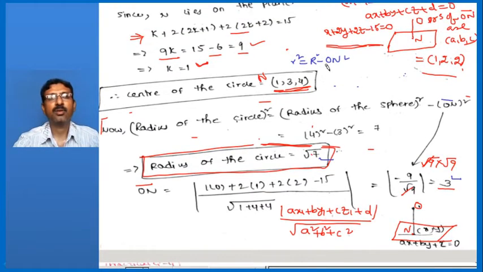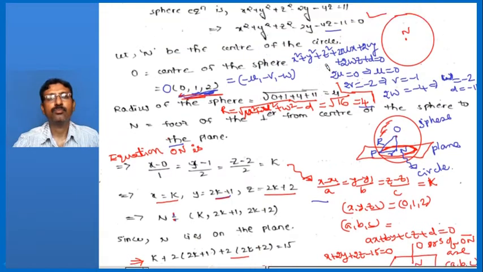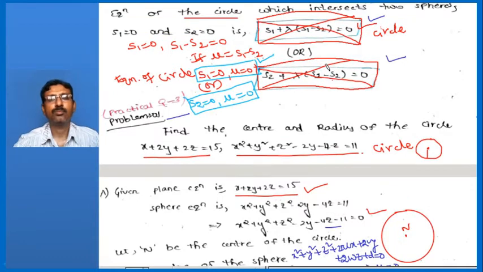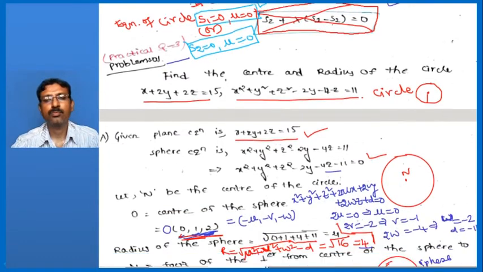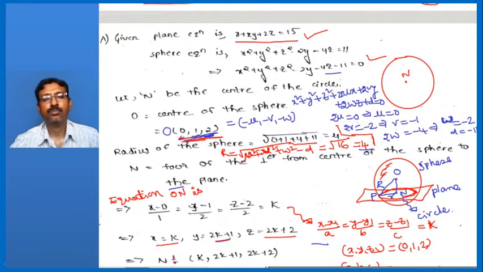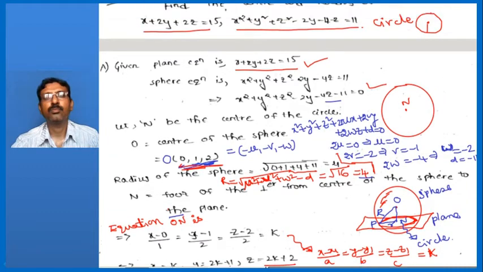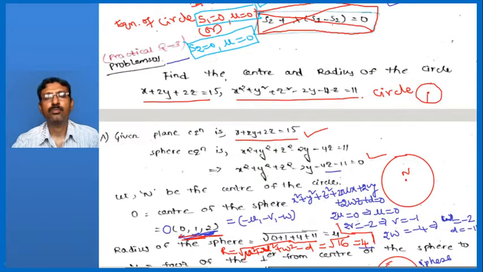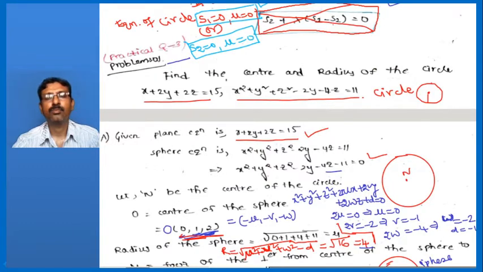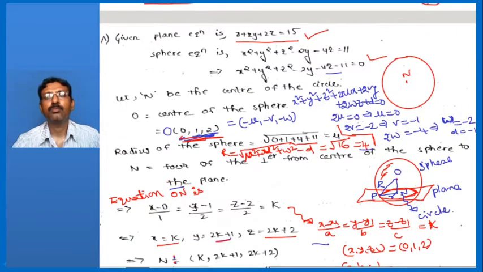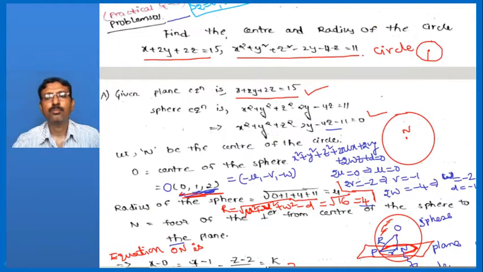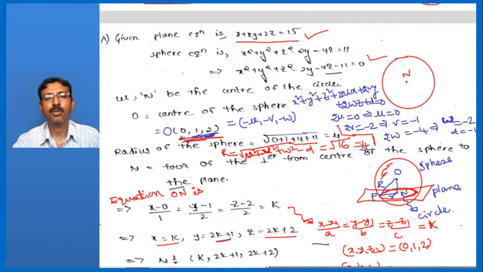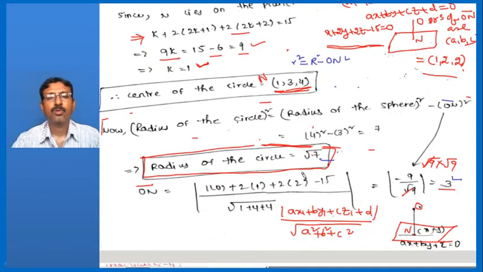What is the radius of the sphere? Here it is, the radius of the sphere is 4.